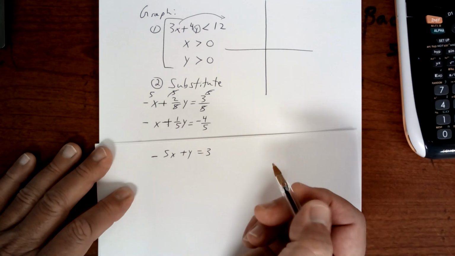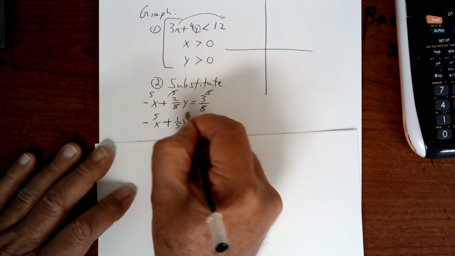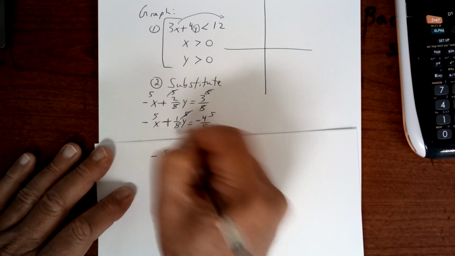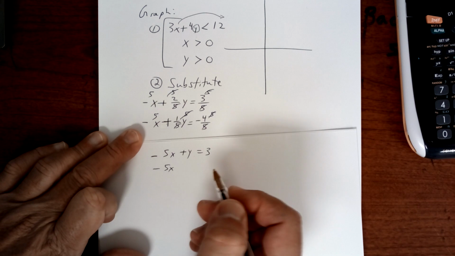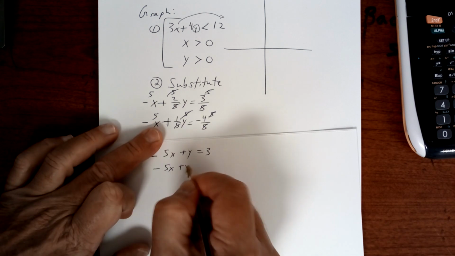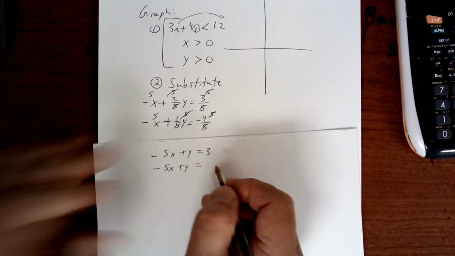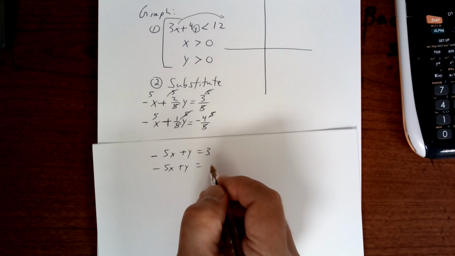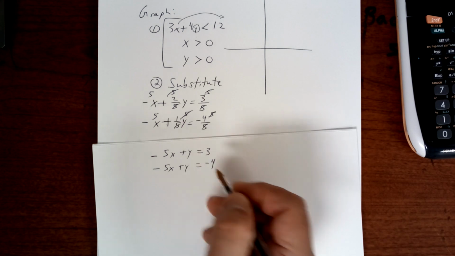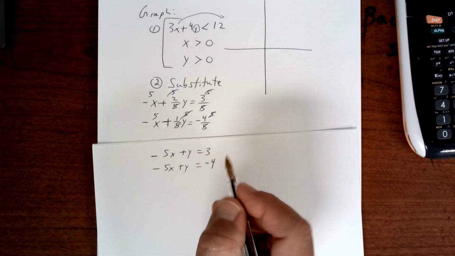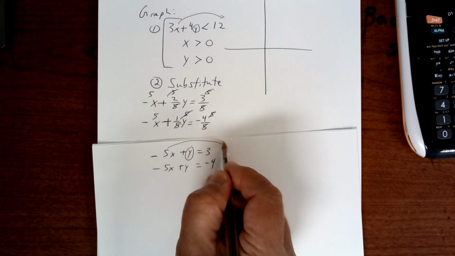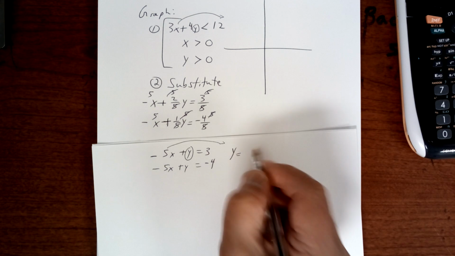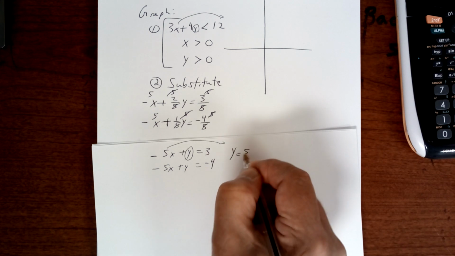Here I'm going to multiply by 5 because you don't want to work with fractions. Negative 5x plus y is equal to negative 4. They're almost the same. So I'm going to take one of these, let's say this one, and I'm going to move this over. So I'm going to get y is equal to 5x plus 3.